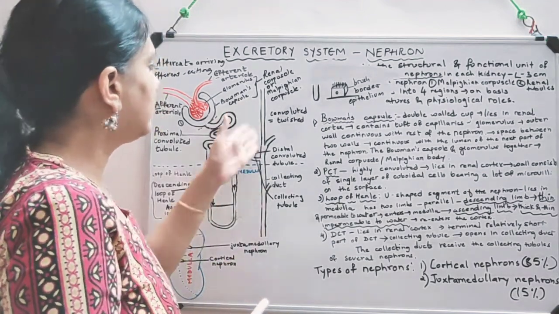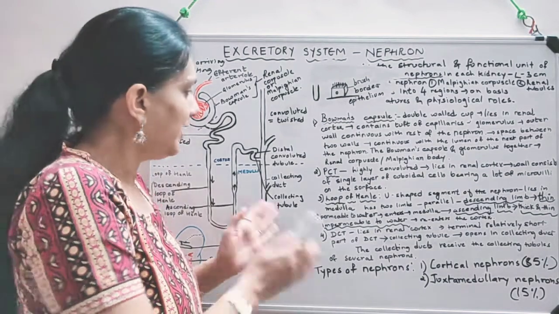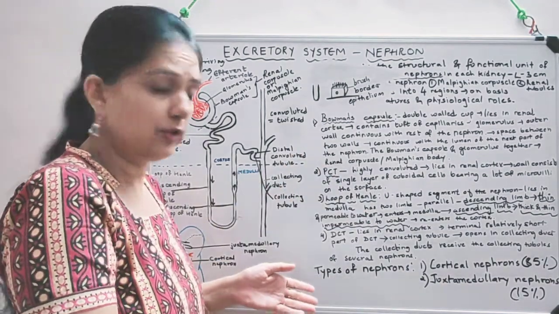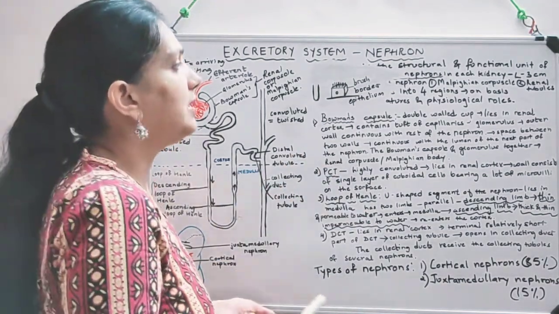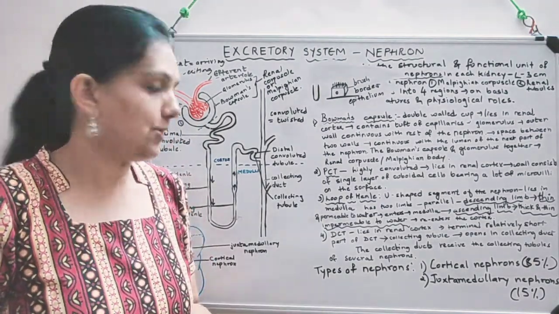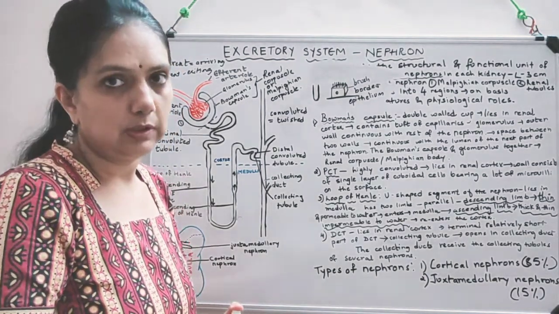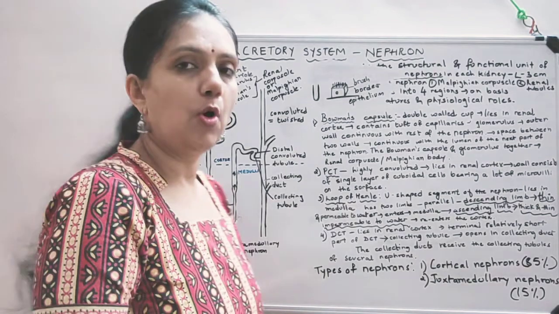Now the collecting duct receives several collecting tubules of other nephrons, the neighboring nephrons. As you know, how many nephrons are there in the kidney? 1 million, or 10 lakh, each. Now there are two types of nephrons. I am talking about the human body.